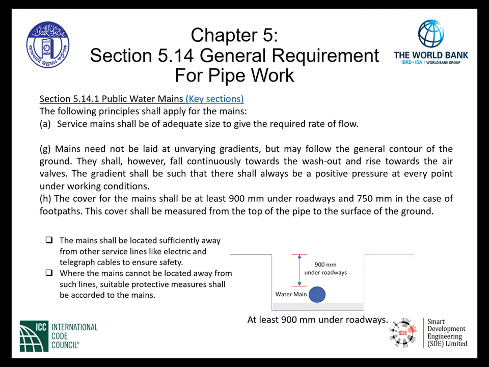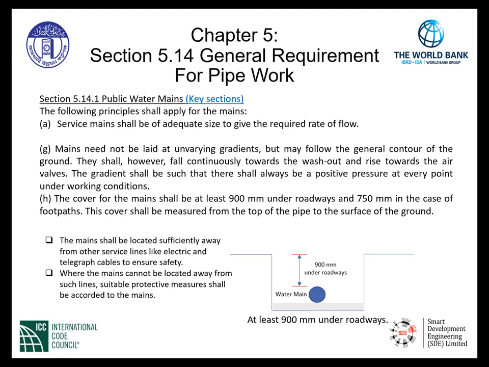Item G, mains need not be laid at unvarying gradients, but may follow the general contour of the ground. They shall, however, fall continuously towards the washout and rise towards air valves.